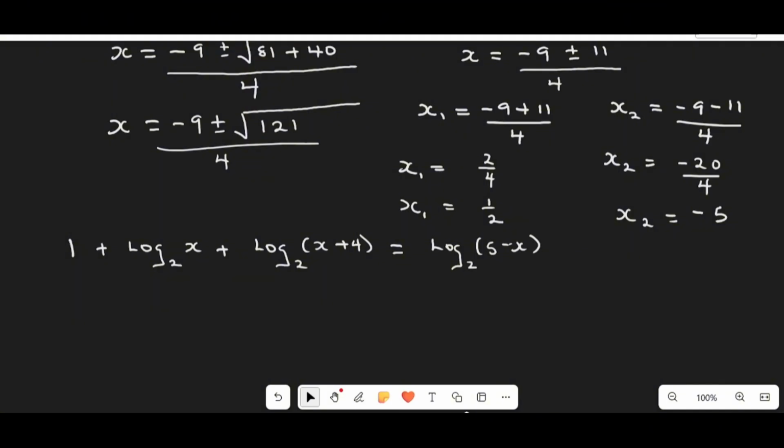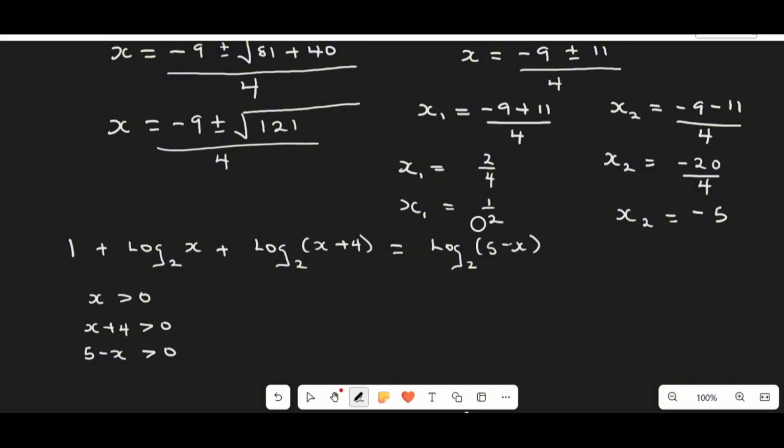So let us check our solution. The expression in our log must be greater than 0. That means x must be greater than 0, x plus 4 must be greater than 0, and 5 minus x must be greater than 0.